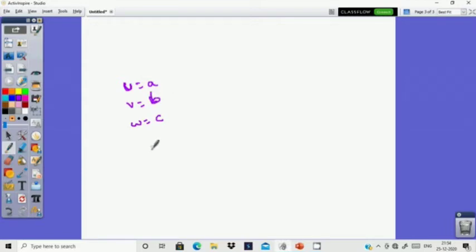What is the condition? u(vw) should be equivalent to (uv)w. First I am associating v and w. What is v? It is b and c. And u is a.